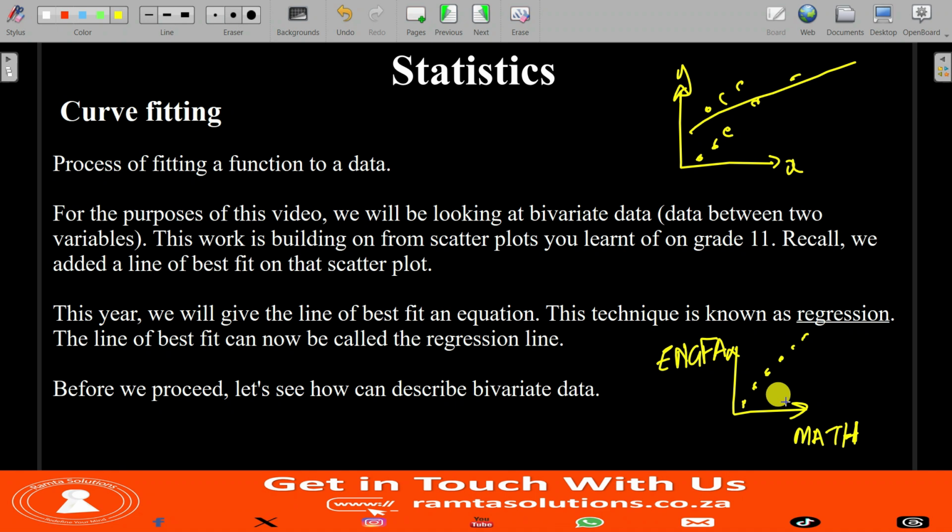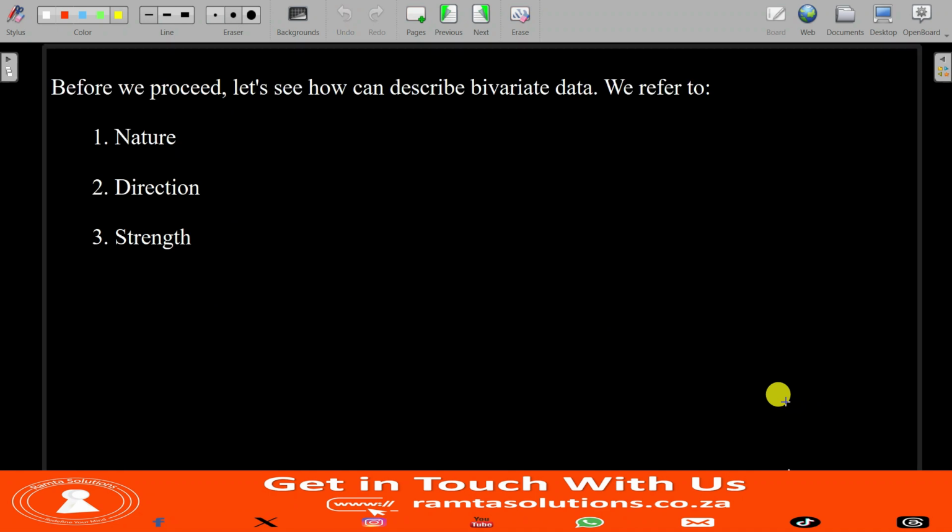Okay, let's go now. So now our bivariate data, when we describe it, we will refer to its nature. And when we say its nature, we are saying what function this is forming, right?